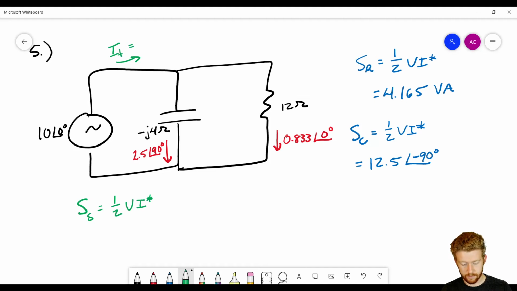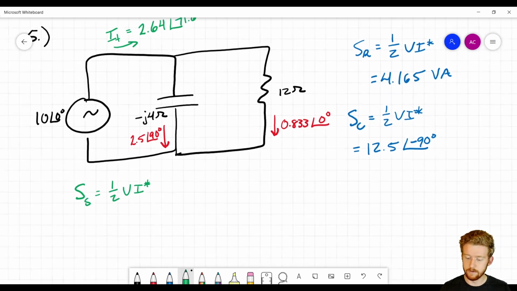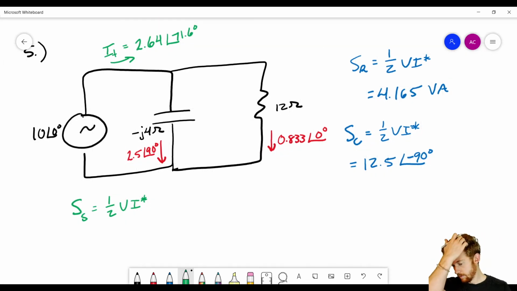Make sure I put parentheses around them because the calculator doesn't work otherwise. So the total current being supplied is 2.64 with an angle of 71.6 degrees. Overall, the voltage is lagging the current in this circuit, so that tells us that it's more capacitive.